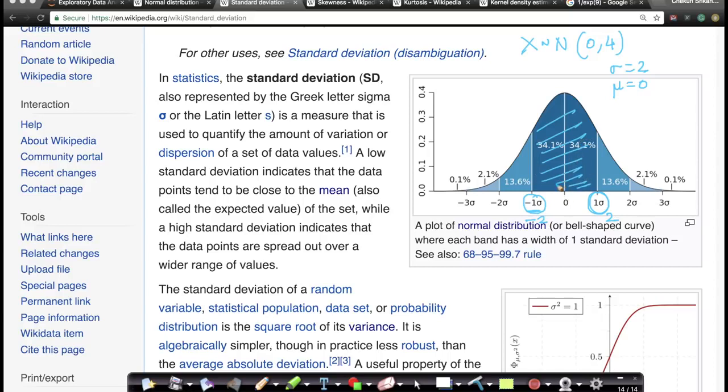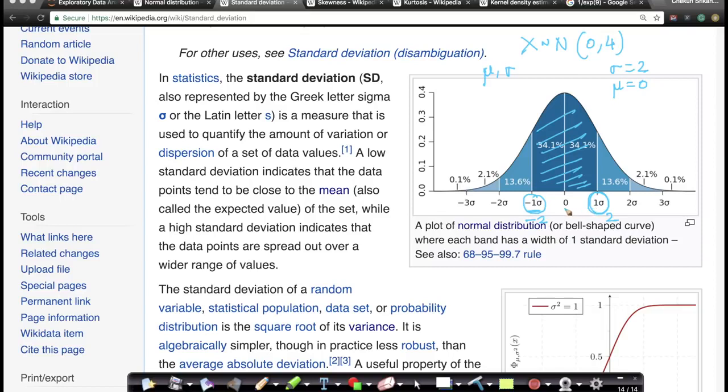Just imagine, if I know that heights of humans follow a Gaussian distribution, and if I have the mean height and the variance or the standard deviation of heights, I can tell you that 68% of humans have a height between this number and that number.